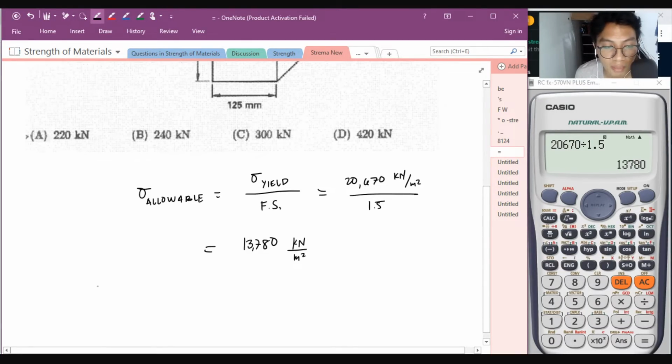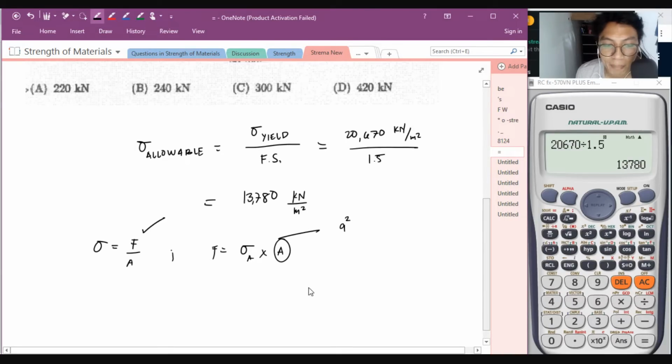Saan natin mahahanap? Di ba ang stress is equal to force over area? Ang hinahanap natin is force. Force is equal to stress allowable times area. Ang area ng cube is what? Yung element squared. Now, the force is equal to allowable multiplied to the area.